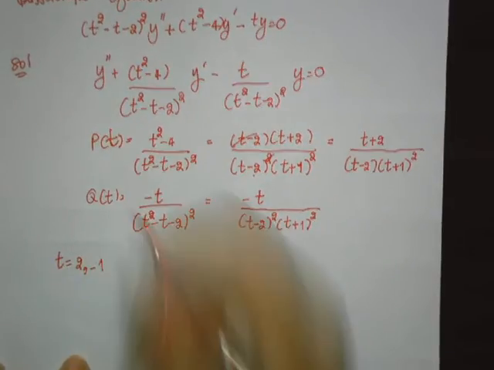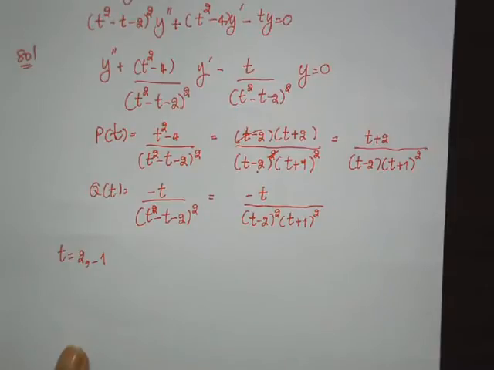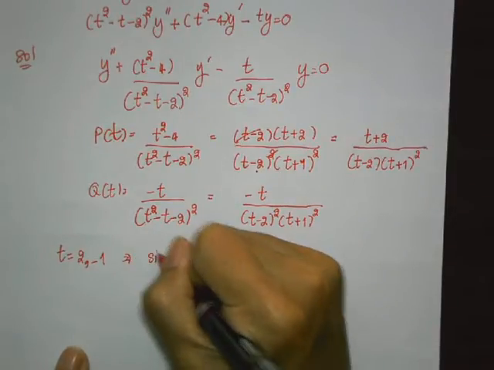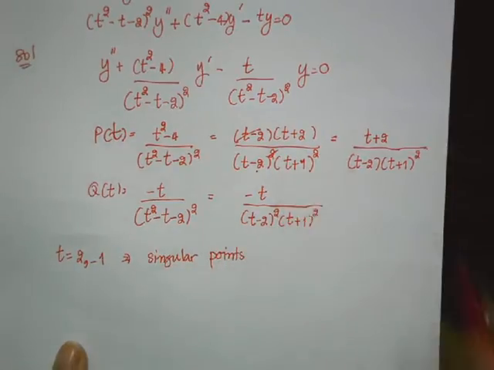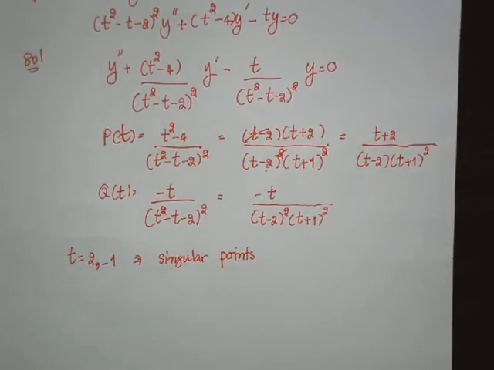So we have two points which are singular points. t equal to 2 and t equal to minus 1 are singular points. So the next step is to find whether t equal to 2 is a regular or irregular singular point, and again define whether t equal to minus 1 is a regular or irregular singular point.